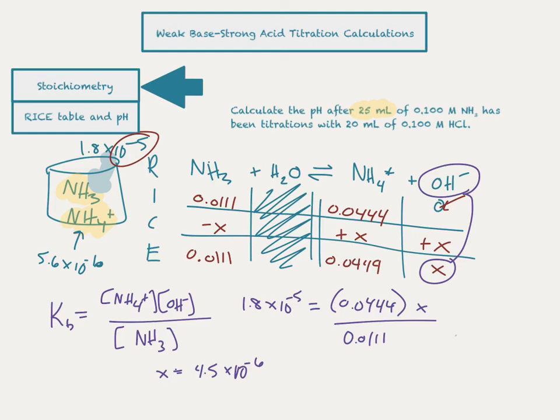So if we take the negative log of that number, you end up with a pOH value of 5.347, which means if you do 14 minus that, you'll get a pH around 8.653. And that's pretty much how you handle it for a weak-base strong acid titration. The mathematical algorithms are pretty much the same for both types of calculations.